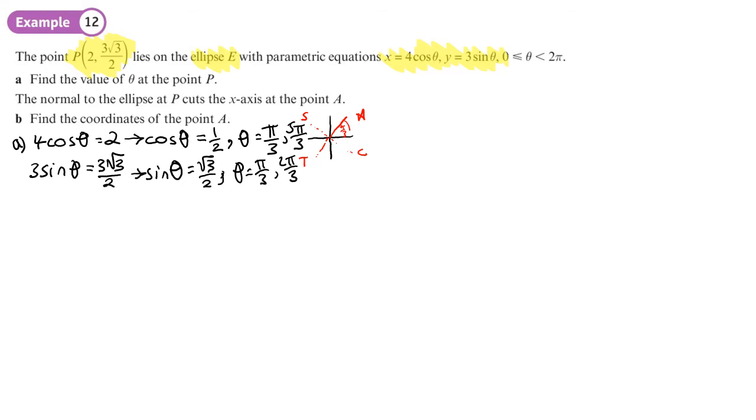Okay, so we can see that theta must be pi over 3. That's the only one that agrees with both. So our answer would be that theta equals pi over 3. But we must go through this process, checking with a CAST diagram or whatever method you want to use to check that we have agreement in both of these angles here.